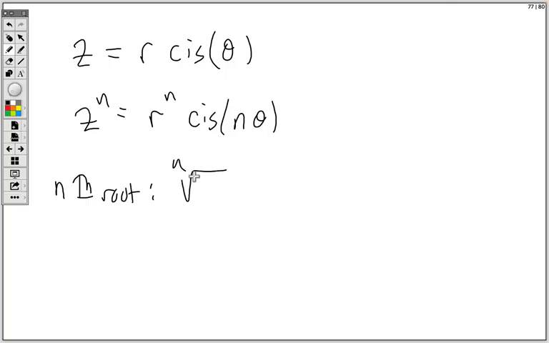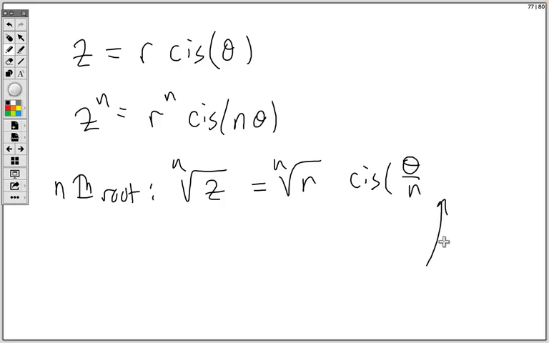So for the nth root of z, instead of taking r to the nth power, you would take the nth root of the modulus. And instead of multiplying theta by n, you'd divide theta by n. But this is what would happen.